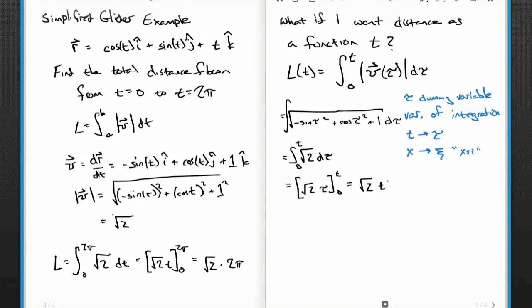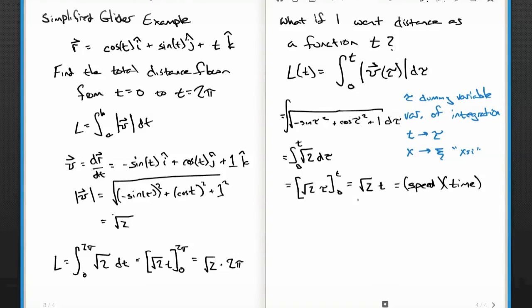Okay. Well, what does this look like? This looks like speed times time, which should be no surprise. We knew that already.